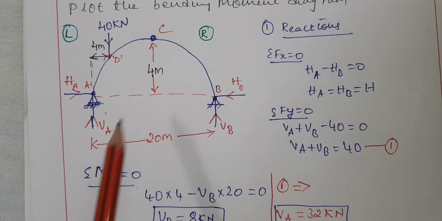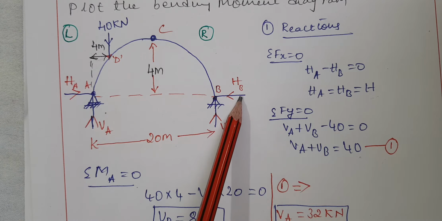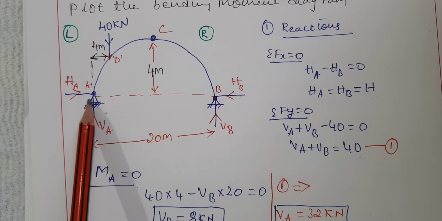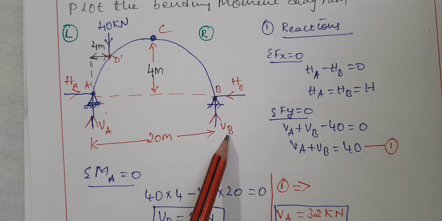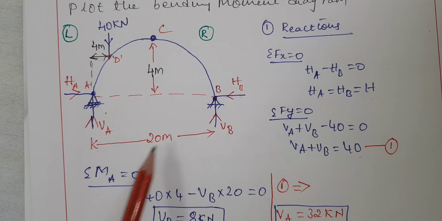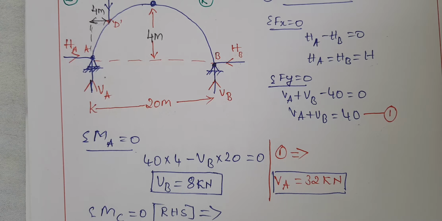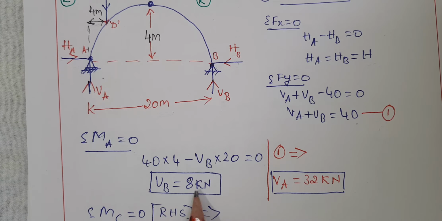It tends to rotate clockwise, positive. HB's line of action meets point A, so it will become 0. We have only VB. It tends to rotate anti-clockwise and its perpendicular distance is 20. That is what I have written here. From that equation, we came to know the VB value is 8 kilonewton and the VA value is 32 kilonewton.